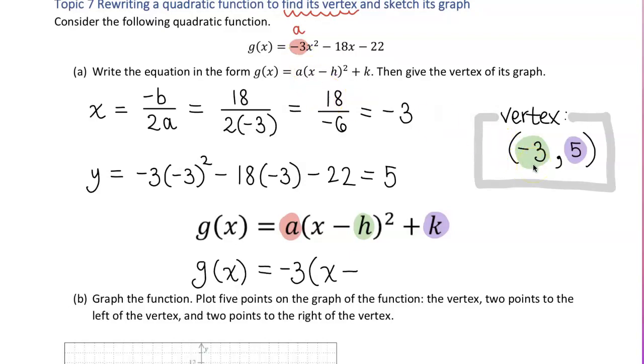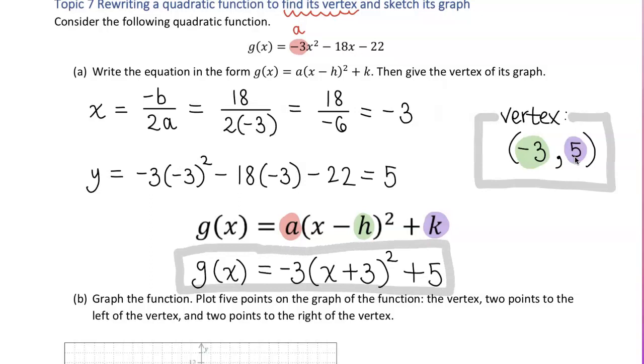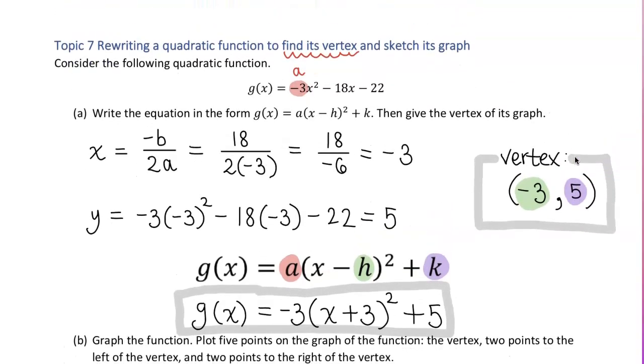But subtracting a negative, those double negatives will actually turn into plus 3 squared. And then put plus k, and k value is 5. So that's it. That is how you write the vertex first. Like find the vertex first, and then use the a, h, and k to write the function in standard form.